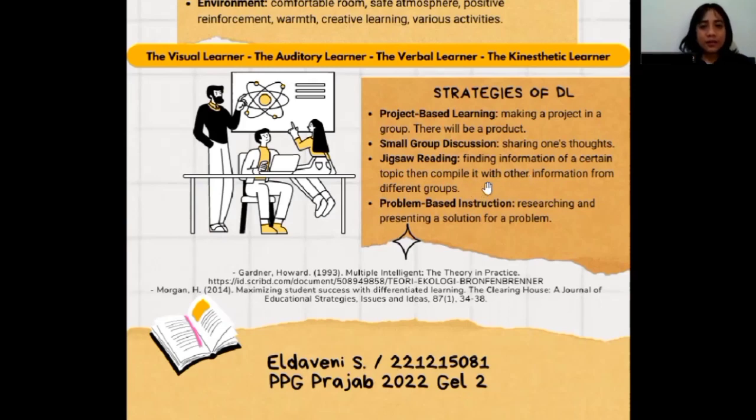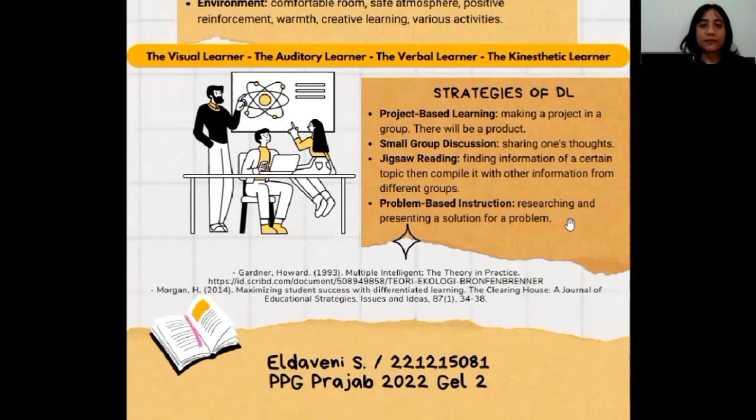Jigsaw reading is about finding information on a certain topic, then compiling it with other information from different groups. So each group will gain different information, and at the end of the class they will compile it, so they will get bigger information.